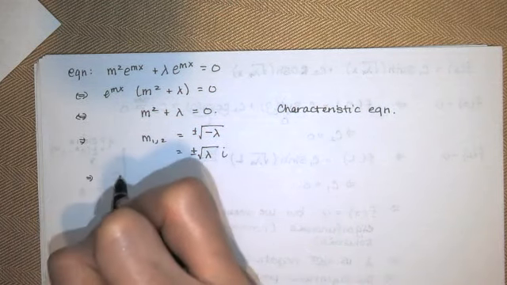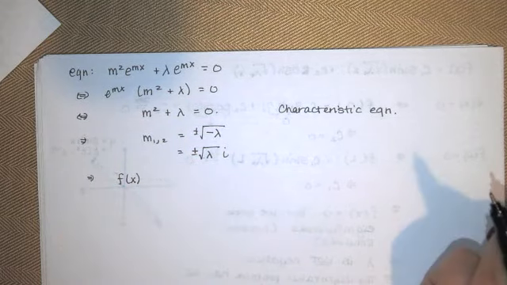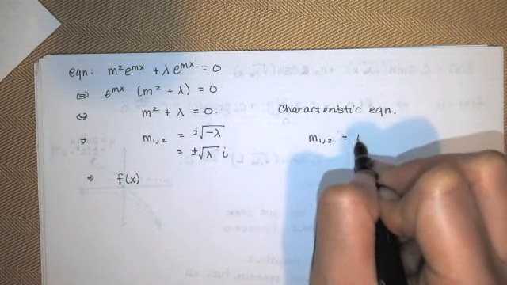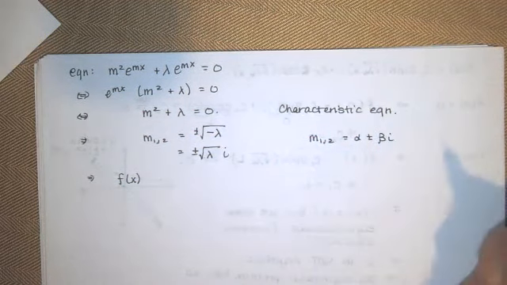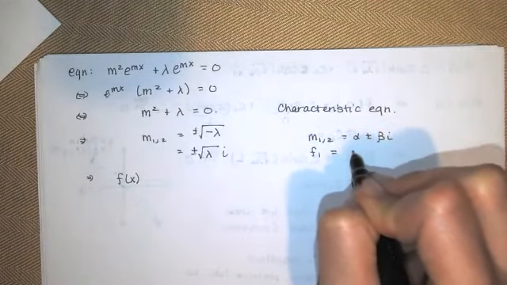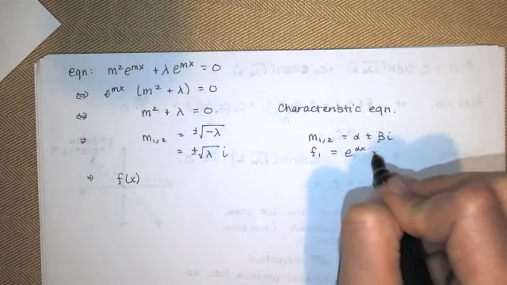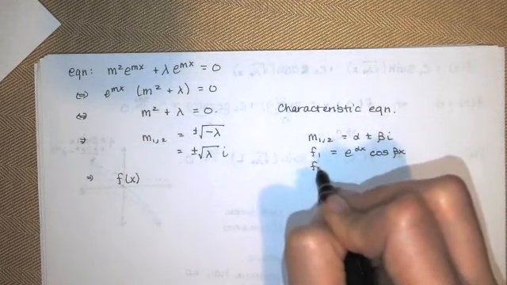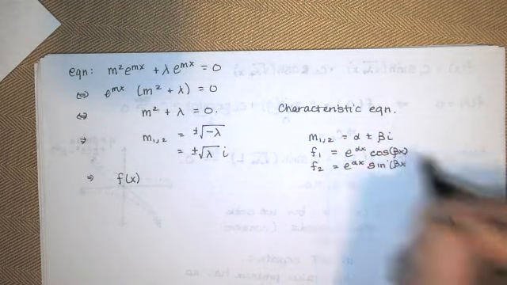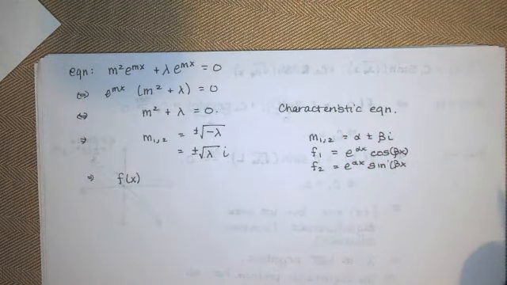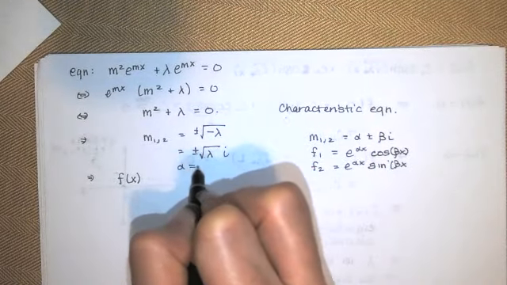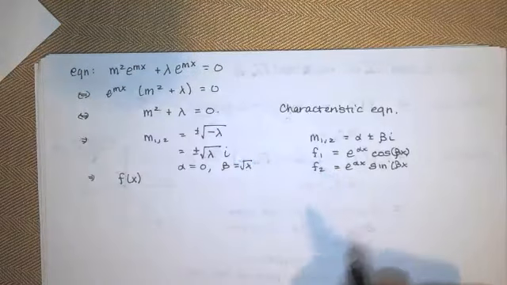So in that case, remember from your ordinary differential equations class, if you have complex conjugate roots to your characteristic equation, the two linearly independent solutions would be e to the alpha x cosine of beta x and e to the alpha x sine of beta x, the two linearly independent real solutions to the differential equation. So in our case, alpha is 0. Beta is the square root of lambda.